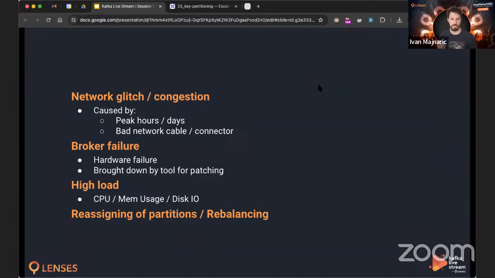It can happen as another category, which is broker failure, which doesn't necessarily mean just hardware failures. Yeah, we meet with hardware failures constantly. Your disk can just go south or anything such, but it can also happen because your VM or your bare metal was brought down by some tool for patching.